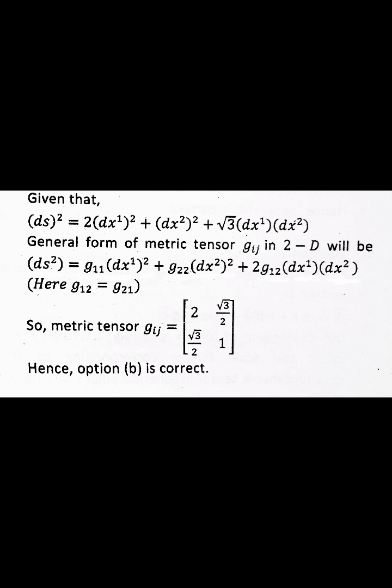The general form of a metric tensor in 2D, we can write it as ds square is equal to g11 dx1 the whole square plus g22 dx2 the whole square plus 2 g12 dx1 dx2. Here g12 is equal to g21. So comparing these two equations, we can write the metric tensor Gij as 2, root 3 by 2, root 3 by 2, 1. So the answer is option B.